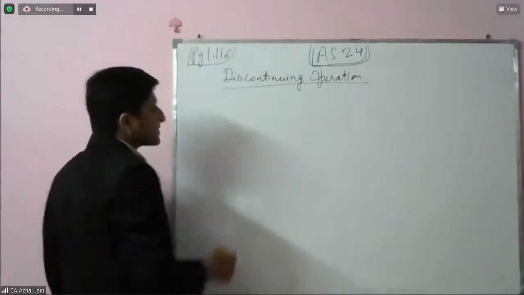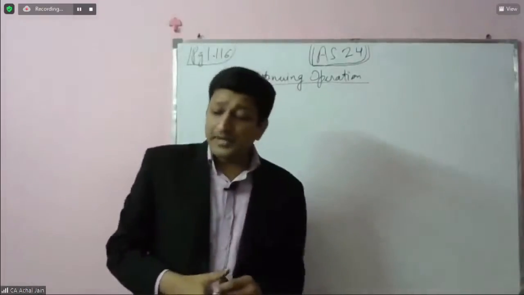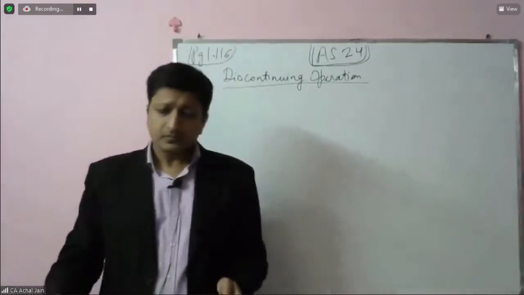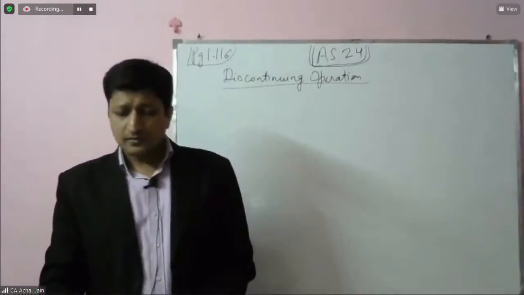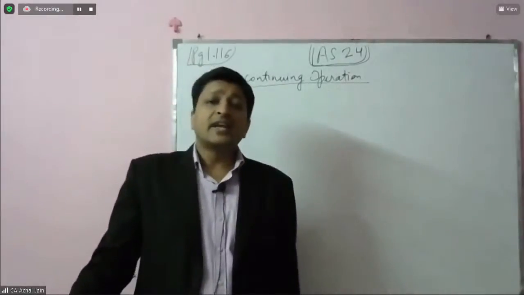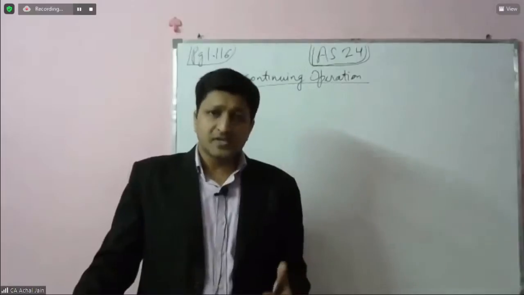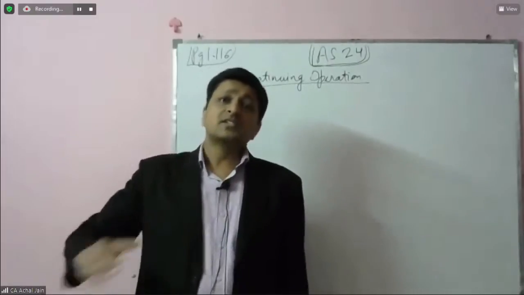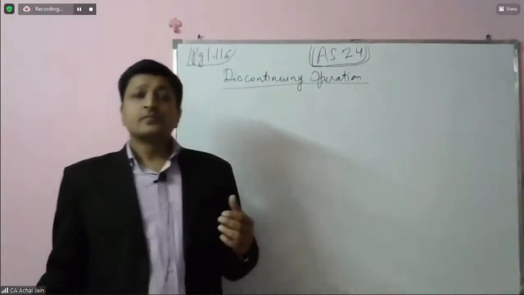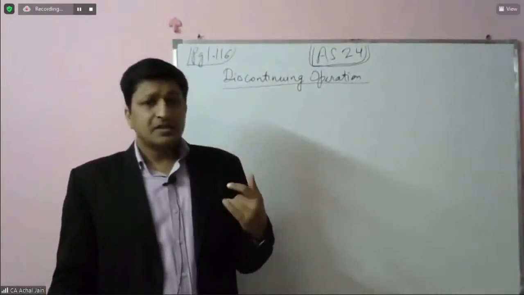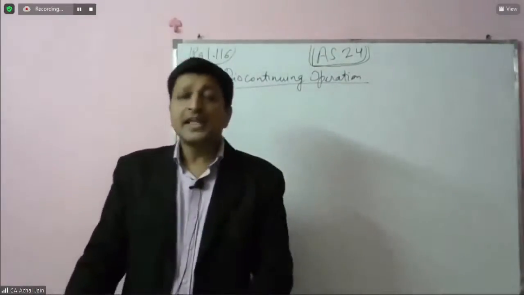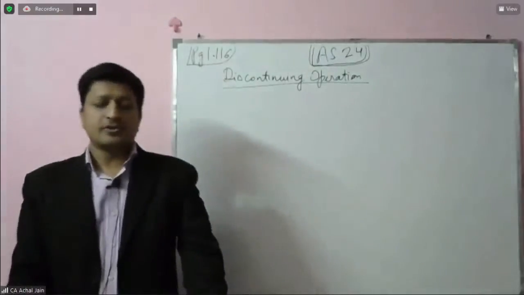So let's now understand what you mean by discontinuing operation. Before I get on to the definition, in very simple terms, you can say that whenever some part of the business of an entity is discontinued, means it's coming to an end or the plan is to sell it off, then it becomes a discontinuing operation.